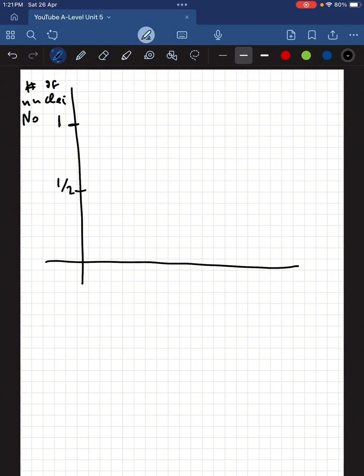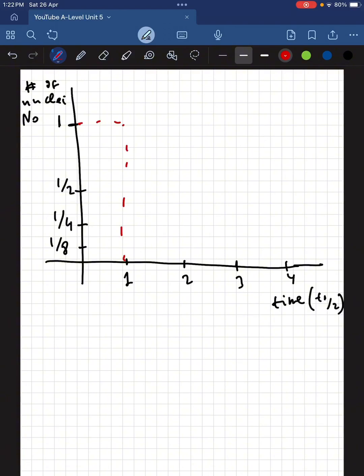This is N naught over 2. This is 1/4 of N naught. And here you have 1/8 of N naught. And then if we put on the horizontal axis the time in units of half-lives, so 1 half-life, 2 half-lives, 3 half-lives, 4 half-lives, and we plot this.